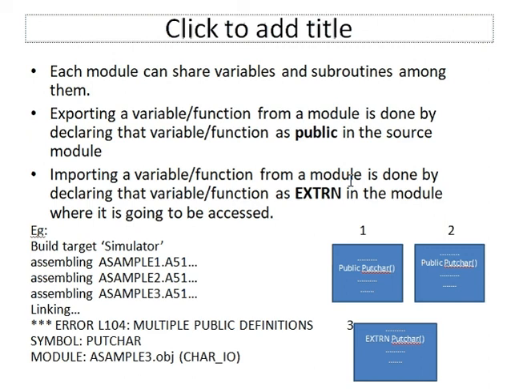Suppose in a module you define extern followed by a function name, then you're saying you're going to import it. These public and extern keywords are meant for the 8051 programming language. Similarly for ARM Cortex, public is replaced by export and extern is replaced by import.